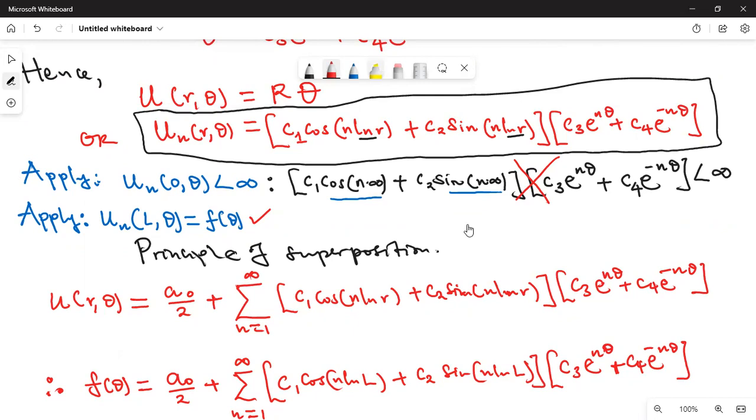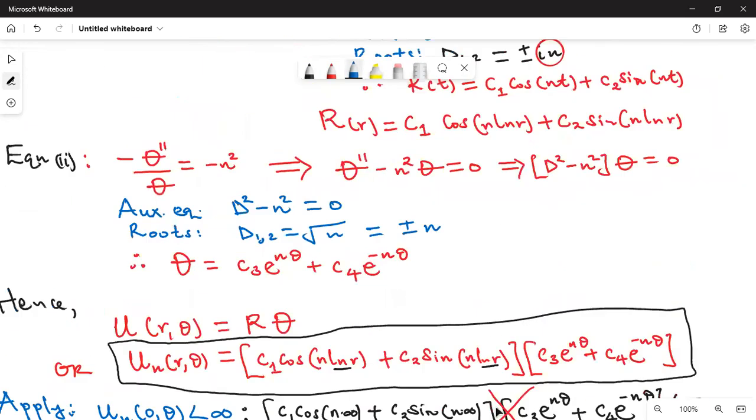But this one is not a Fourier series, because there's no theta here, neither do we have theta here. So it is not periodic, and therefore it is of no interest to us.